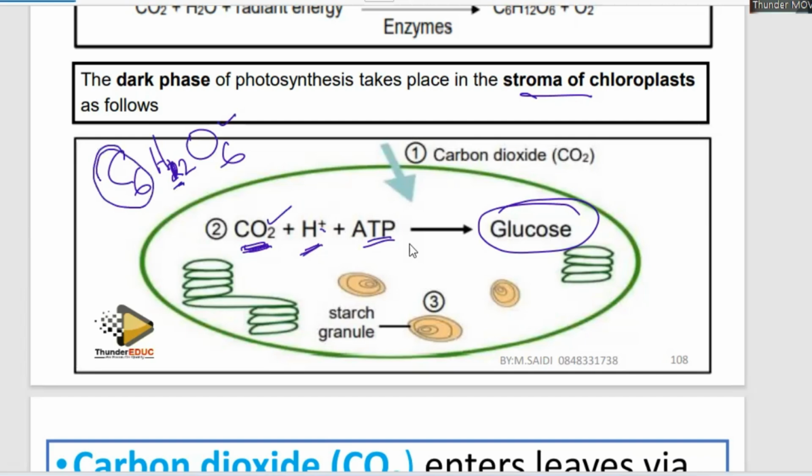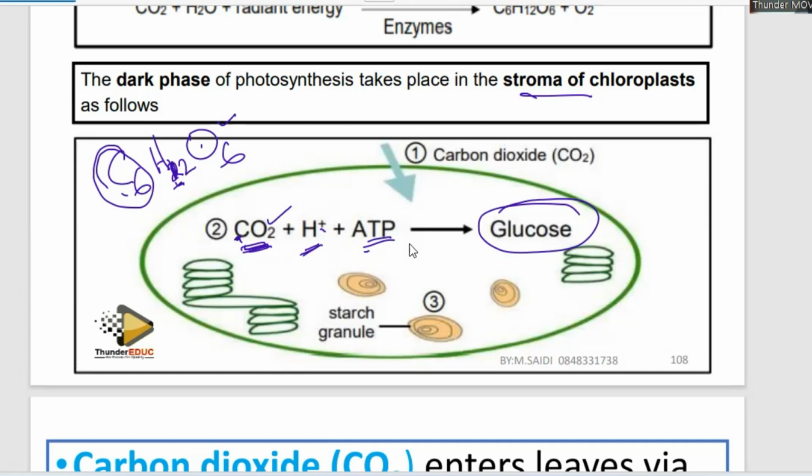The carbon will also come from the carbon dioxide. So carbon dioxide provides the carbon and oxygen, the hydrogen comes from the light phase, and this process is an active process which requires energy. The energy is provided by the ATP which came from the light phase, and then glucose is what is formed.